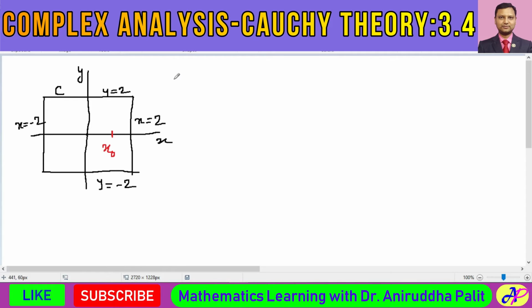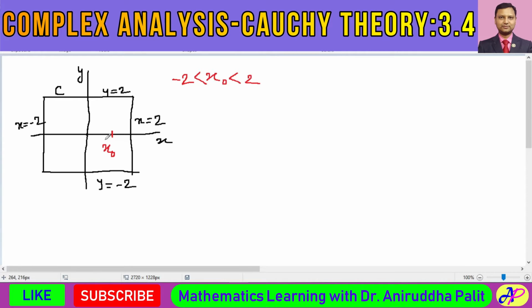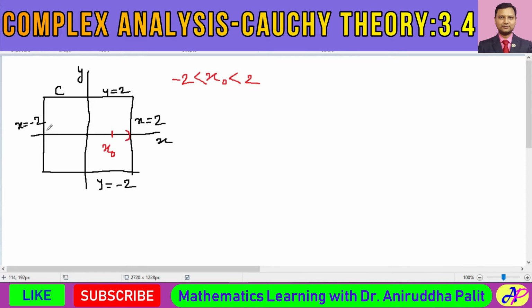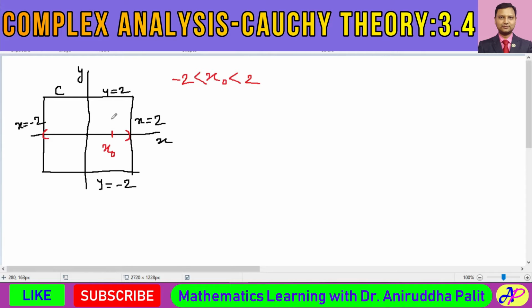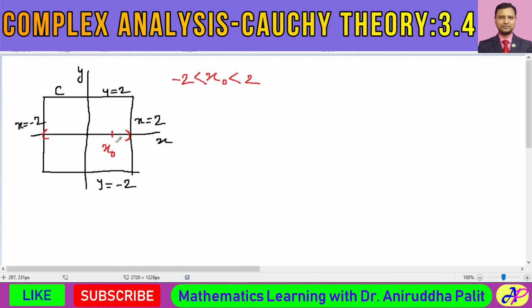Because minus 2 is less than x0 less than 2, x0 lies in this open interval on the real axis. So x0 is a point that lies inside the curve C.